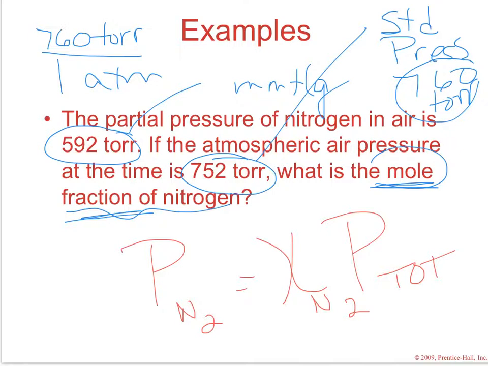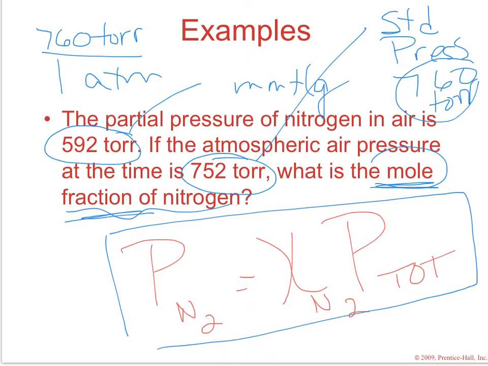Okay? So if you rearrange this equation, you can solve for mole fraction, which is what this problem is asking for. So the equation, which I wrote a little bit too big here, if you rearrange that to solve for mole fraction of nitrogen, it would tell you the mole fraction of nitrogen is simply the partial pressure of nitrogen divided by the total pressure of the gas mixture. So I'll go ahead and solve that on the next page.